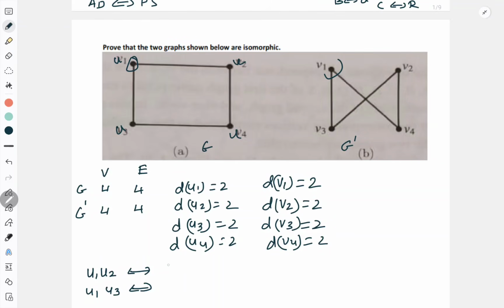So here V1, V3 I have and V1, V4 I have. So let me write here V1, V3 and V1, V4. So with this, what you concluded is that the image of U1 is V1. And image of U2 is V4.